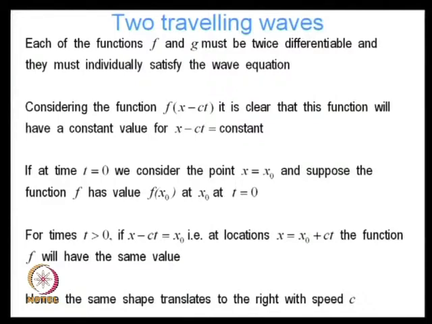It means that, at least for the first part of the solution, the same wave translates to the right with a uniform speed of c. The information at t equal to 0, which was f at point x0 on the t equal to 0 axis.